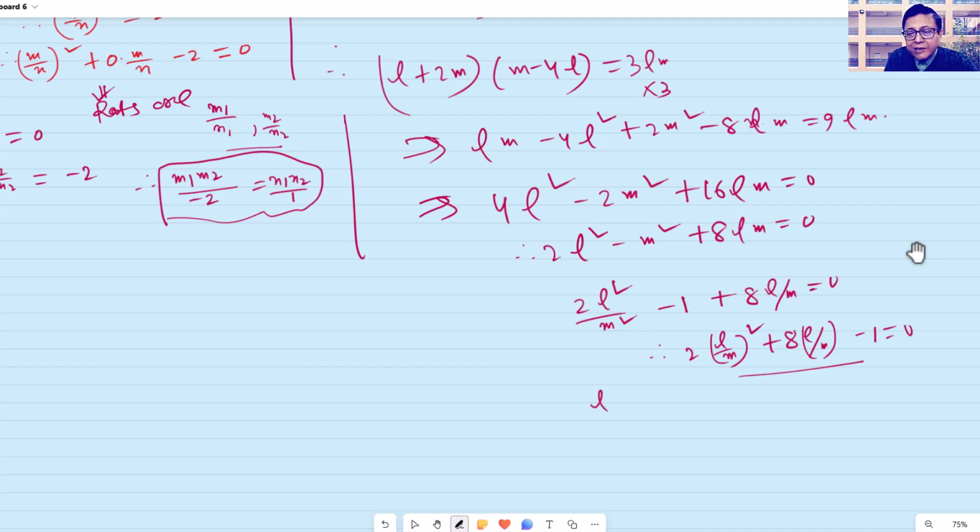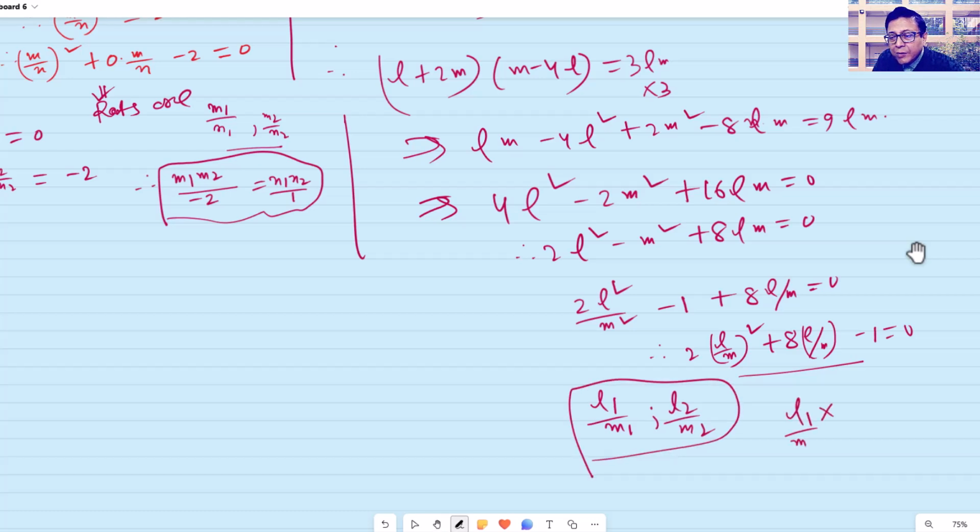Roots be L1 by m1 and L2 by m2. So product of roots, what? L1 by m1, L2 by m2 equal to minus half, and you get L1 L2 by 1, m1 m2 by minus 2.